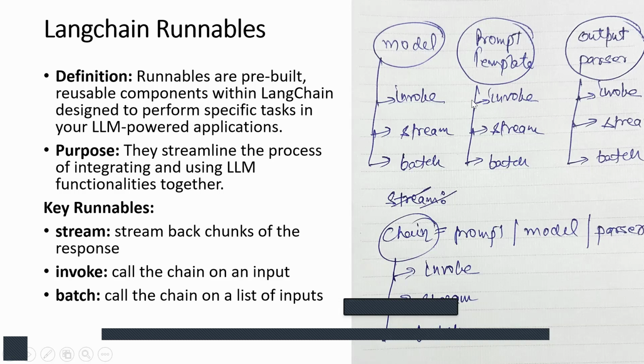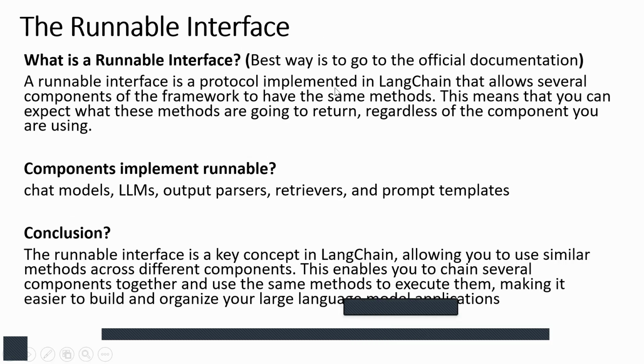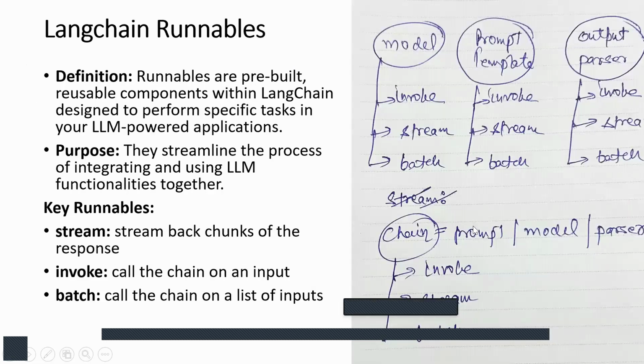I can call the same method, which is invoke. So this uniformity is brought with the help of the runnable interface. This is a protocol which helps to expose the same methods over different components of the framework, in order to make things very easy.